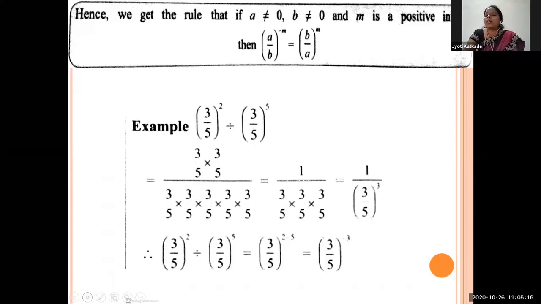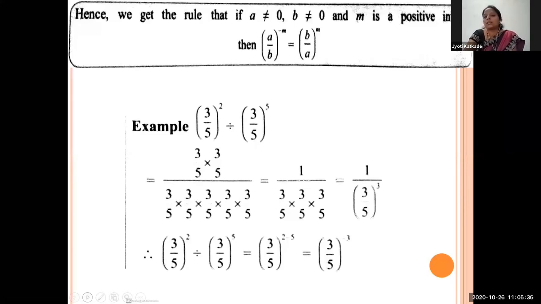How can we make the power positive? See at the top of this slide, there is a upon b bracket raised to minus m. A upon b bracket raised to minus m is equal to, take the inverse, that is b divided by a bracket raised to m.